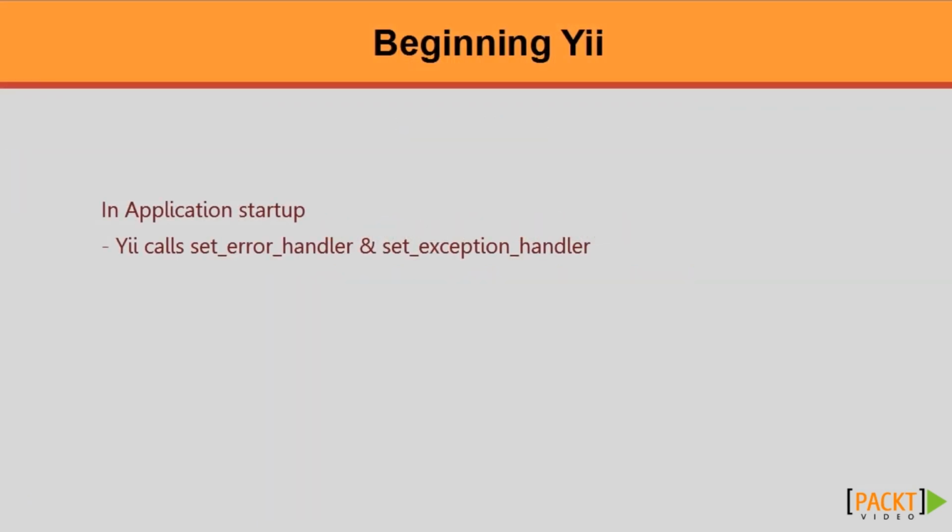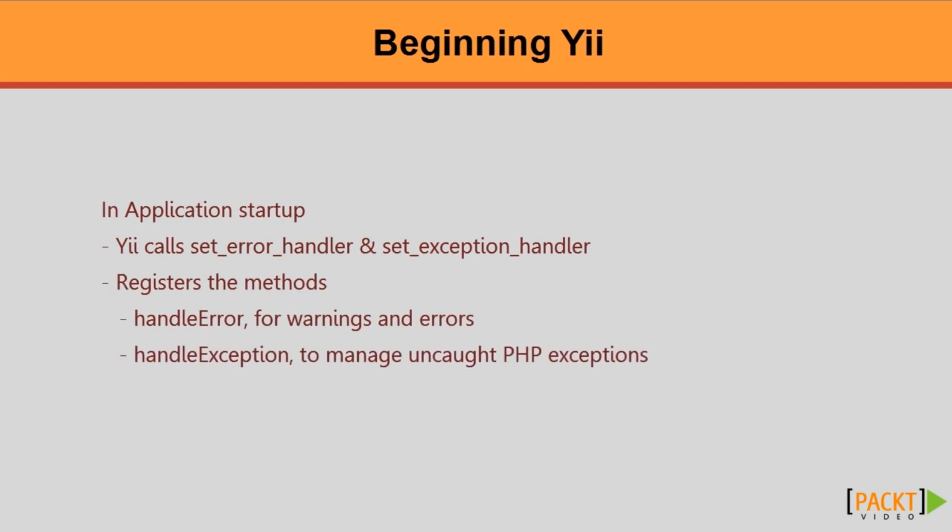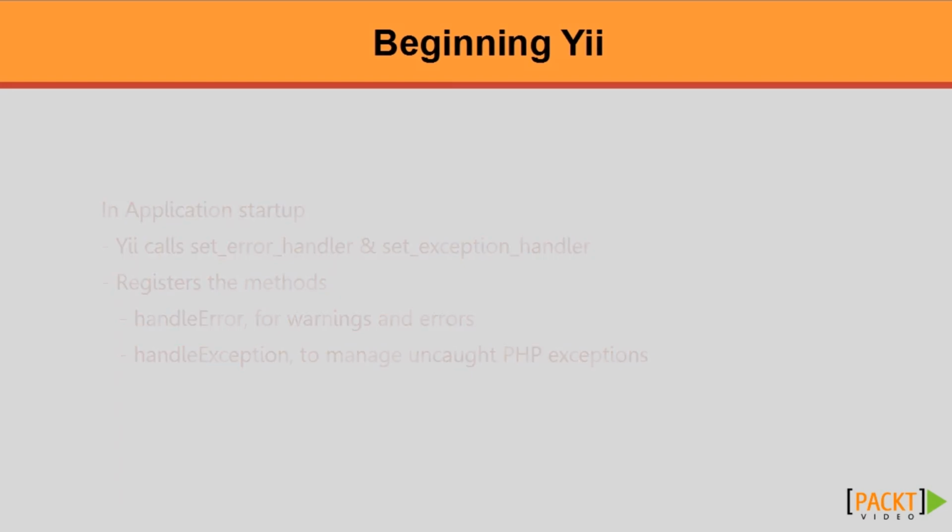Yii integrates the PHP 5 error and exception mechanism into its framework by calling set_error_handler and set_exception_handler in application startup. Here, Yii registers the methods handleError for warnings and errors, and handleException to manage uncaught PHP exceptions. These are both part of the CErrorHandler class.